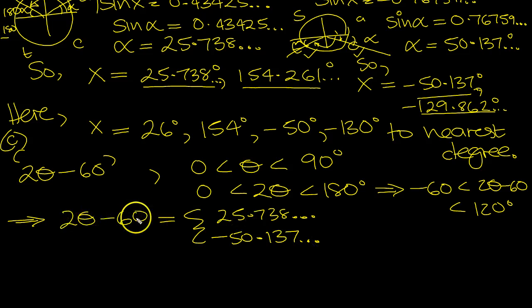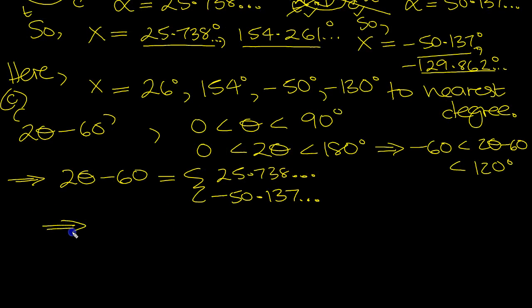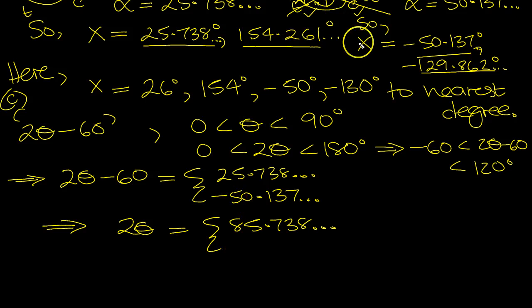And now instead of x, we've got this same identical equation for this range solution sets and for 2 theta minus 60. And now we can work out theta, can't we? So that tells us that 2 theta, add 60, we get 85.738, and for the minus one, add 60, we get 9.862.